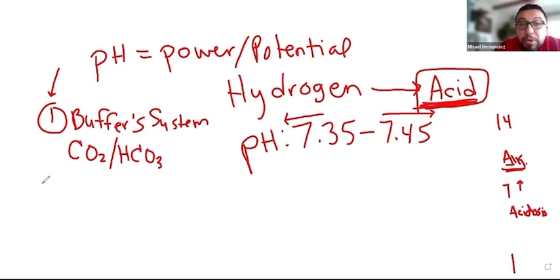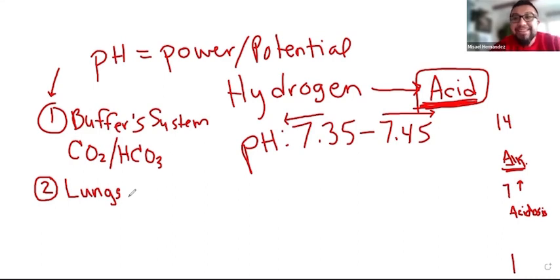Now, when that fails, you have a second system that comes into play to maintain pH balance. That is your lungs. Your lungs are pretty effective because we can increase our respiratory rate or we can slow it down.